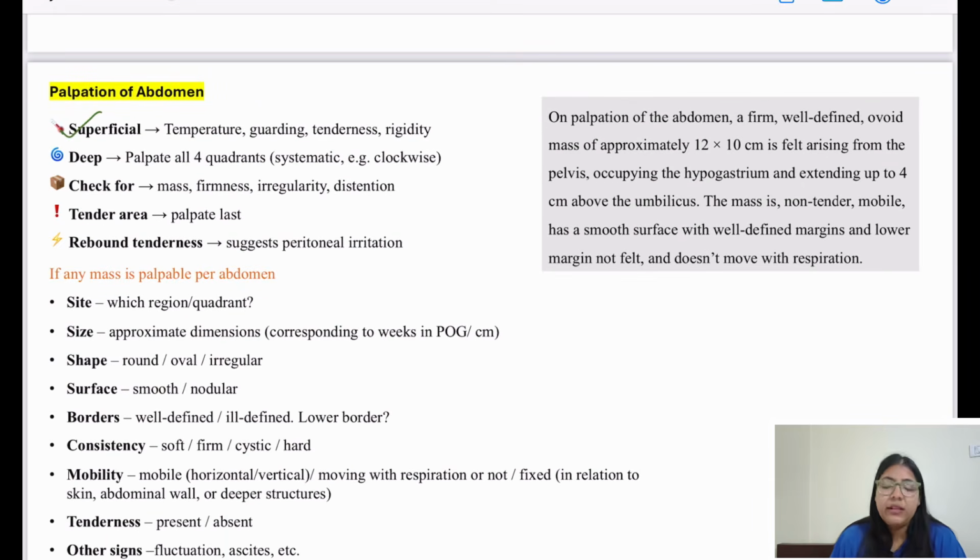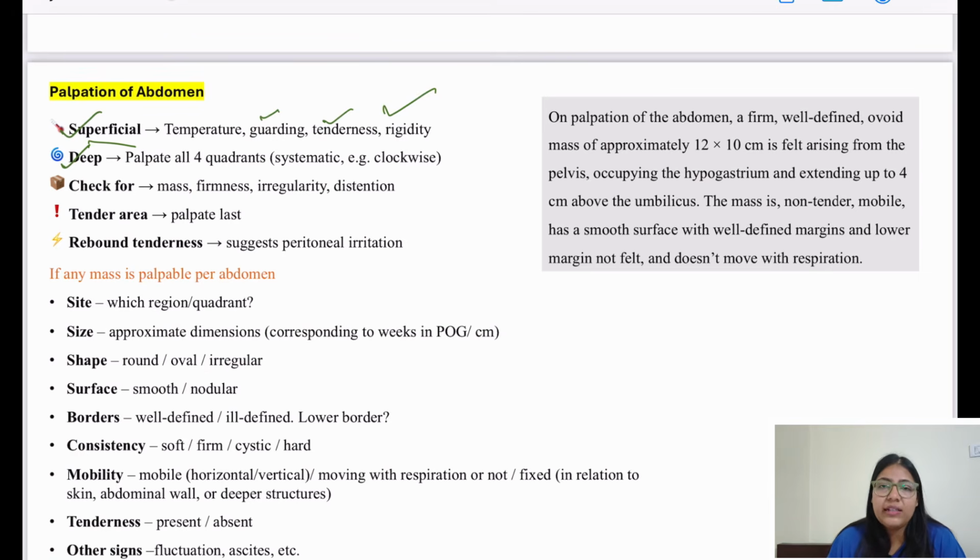And now palpation. Palpation is superficial palpation and deep palpation. In superficial palpation, you look for temperature. So with the back of your hand, you check temperature in all the quadrants in clockwise manner. Then you check for guarding, tenderness and rigidity.